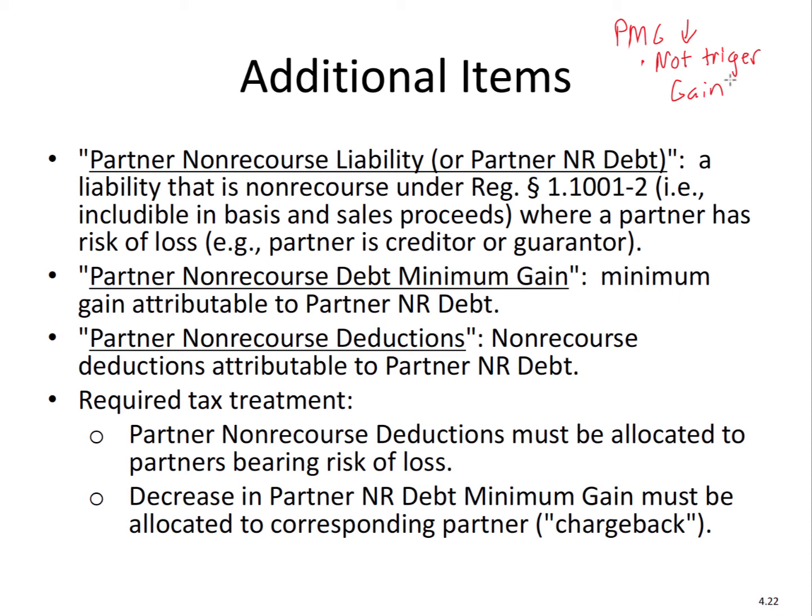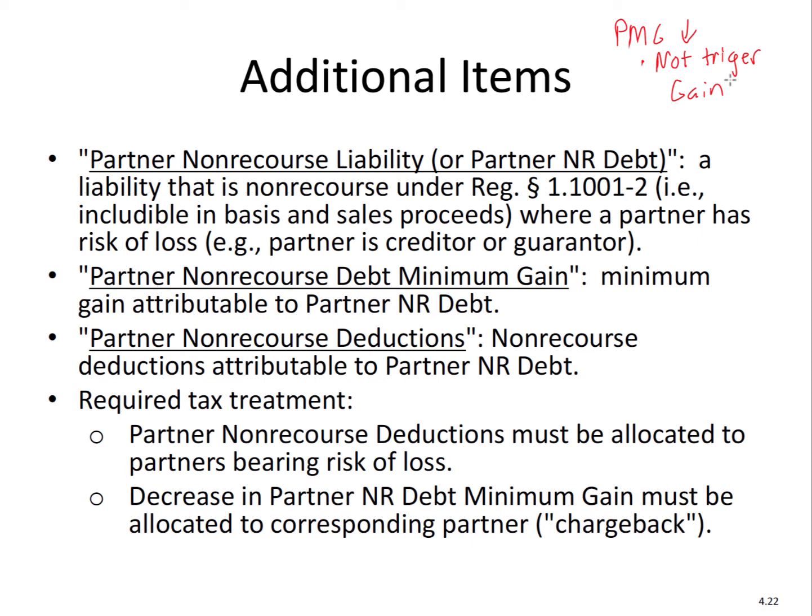And those include conversions and refinancing, contributions of capital, revaluations, waiver. So conversions and refinancing, that deals with, you have some type of conversion or refinancing with the actual non-recourse liability. If the partnership minimum gain goes down because of that, that should not trigger gain. Contributions of capital. So if a partner contributes more capital and that reduces the partnership minimum gain, that should also not trigger gain. These are just not appropriate times that Congress thinks.